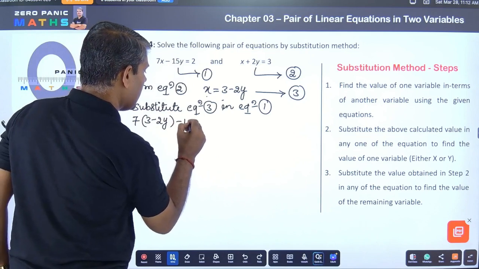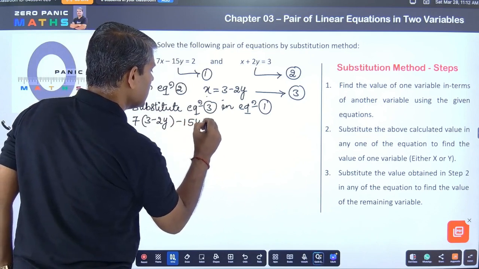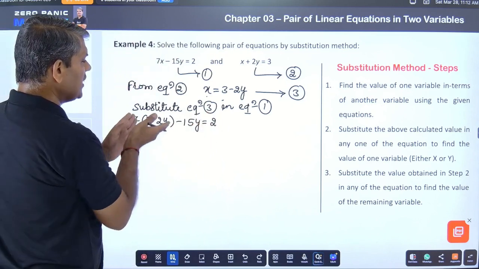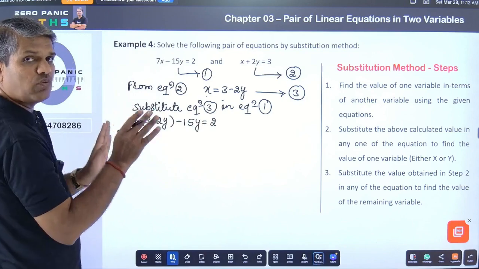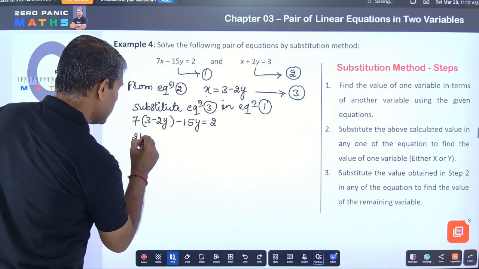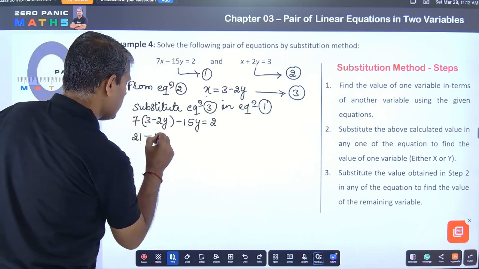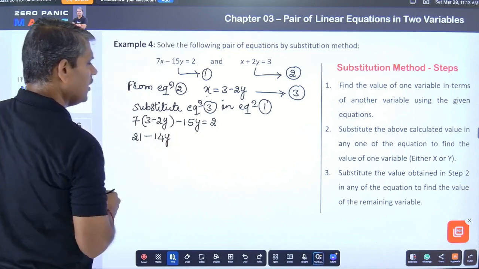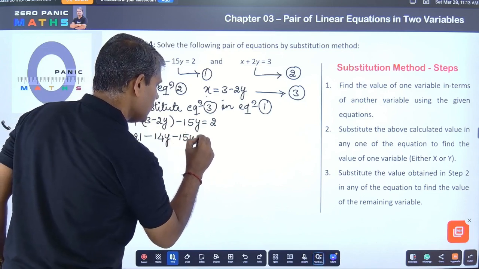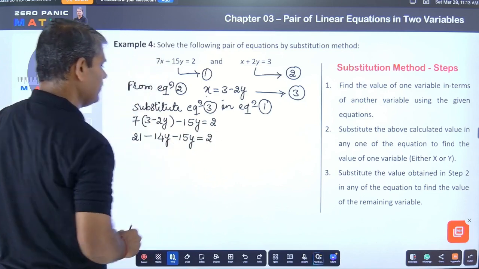So 15y I will write as it is, equal to 2. Let us resolve this. So we will get the exact value of y. 7 3s are 21, 7 2s are 14y, minus 15y is equal to 2.